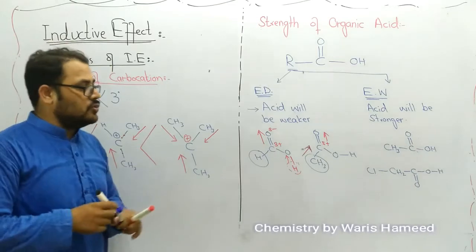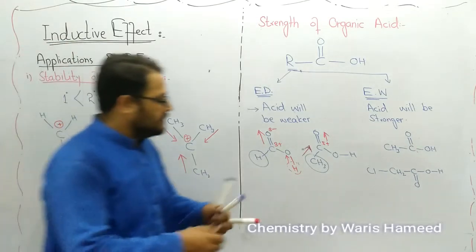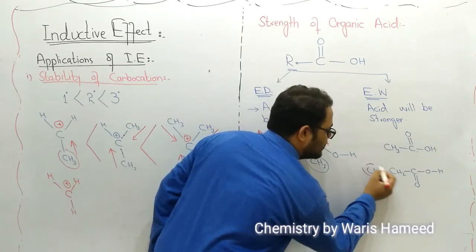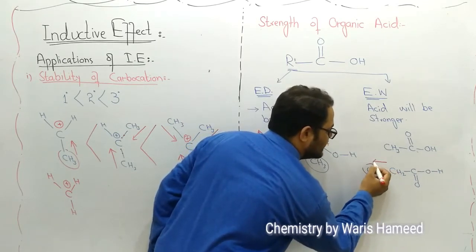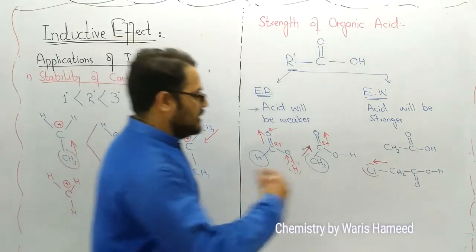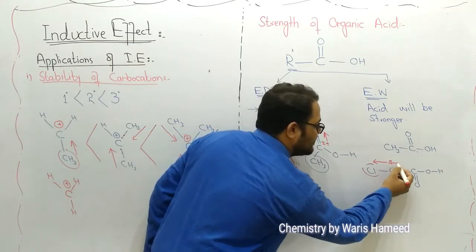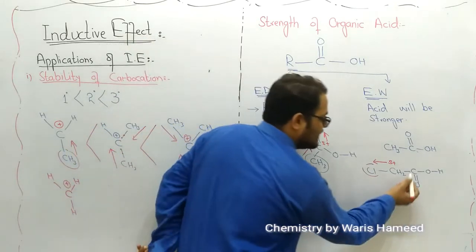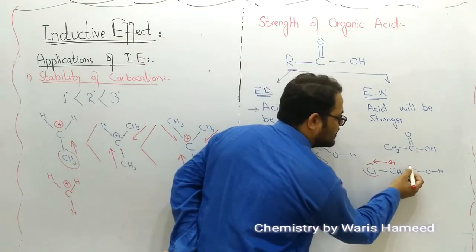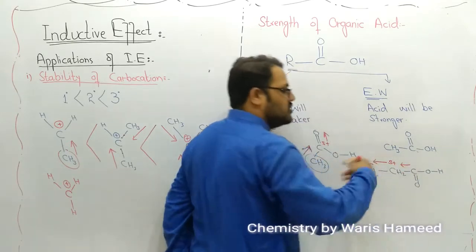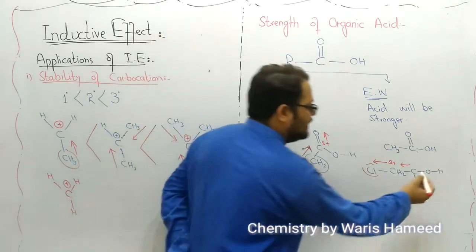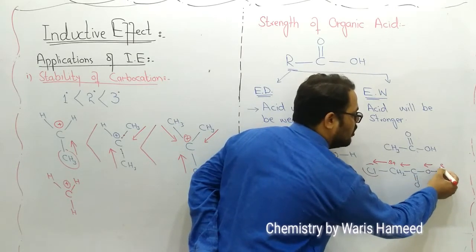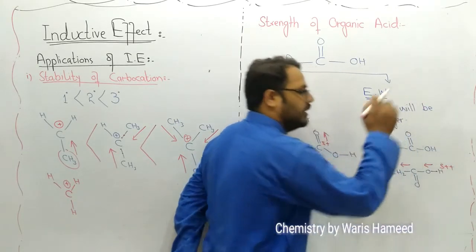Now compare these two acids. In this case, chlorine will attract electronic density of the CH2 group toward itself, creating partial positive charge on the CH2 group. In this case, the electronic density of this carbon also withdraws towards CH2, and these electrons come toward this oxygen, creating more partial positive charge on hydrogen.